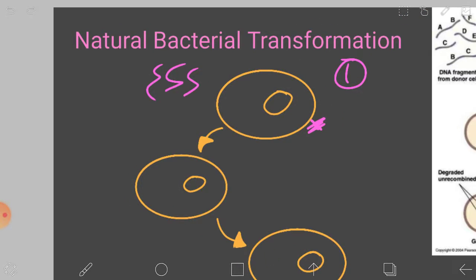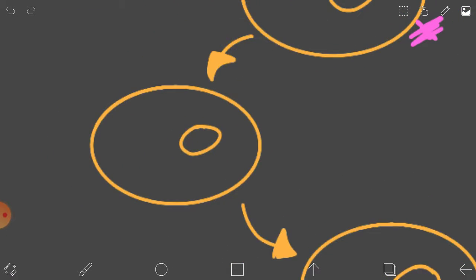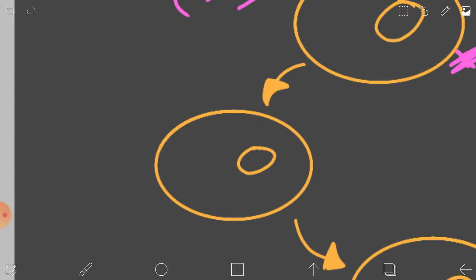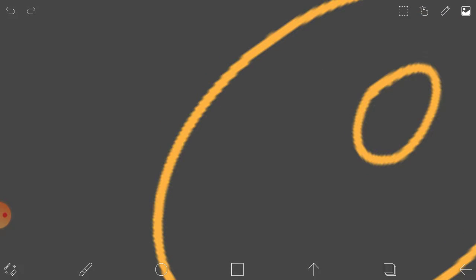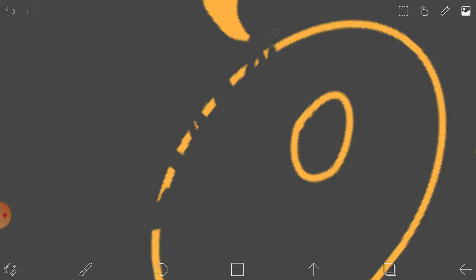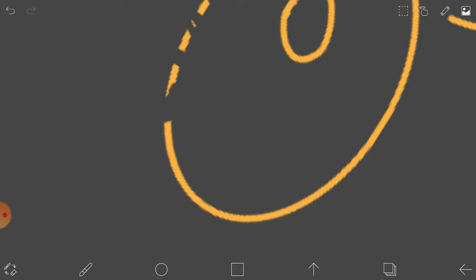The next step would be when the DNA actually gets in the cell. Now we all know what competent means. It means that a bacteria is more willing to take up foreign DNA.